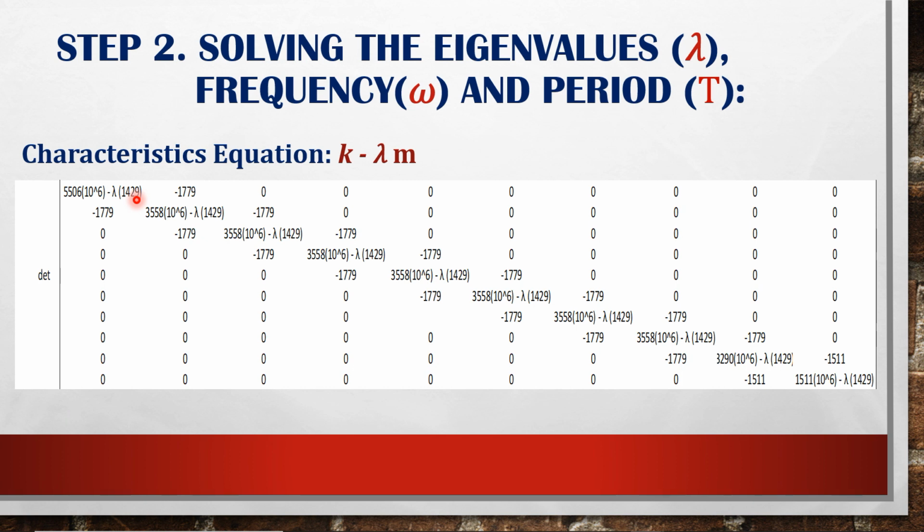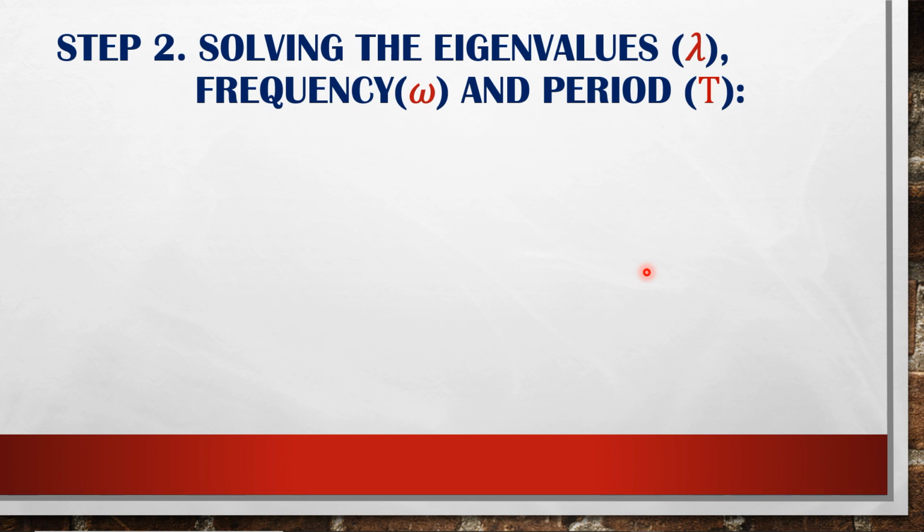You will notice it is 1,429. It is because we converted the 1.429 ton. Step 2, solving the eigenvalues, frequency, and the period. Using this characteristic equation, plugged into a matrix, we are able to solve for the eigenvalue.